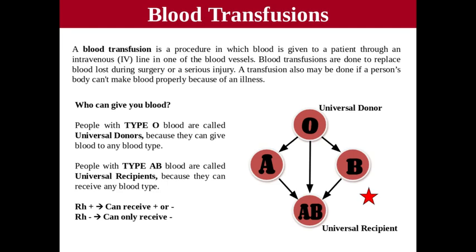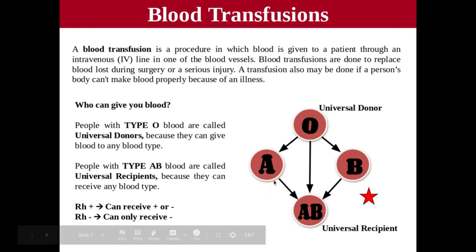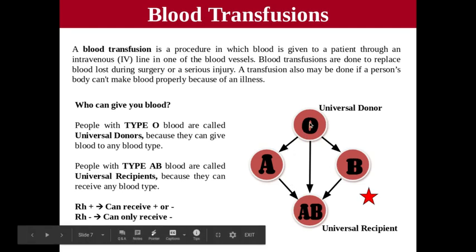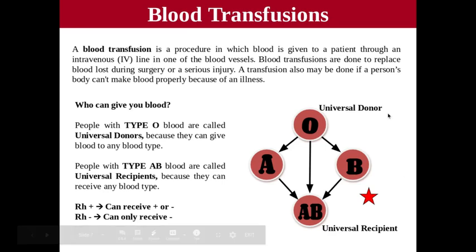The good thing is, once you know that, there are certain blood types that you can take. The universal donor is blood type O, which means they can give their blood to anybody, and anybody can take blood type O. The universal donor can give blood to any of the blood types.